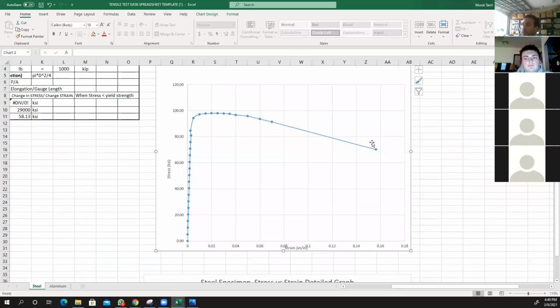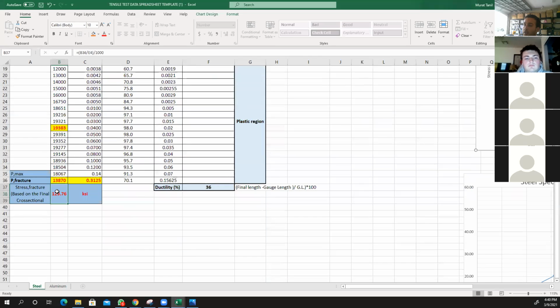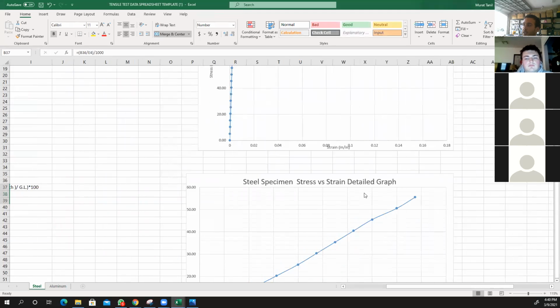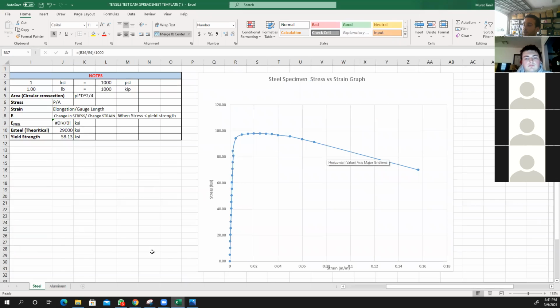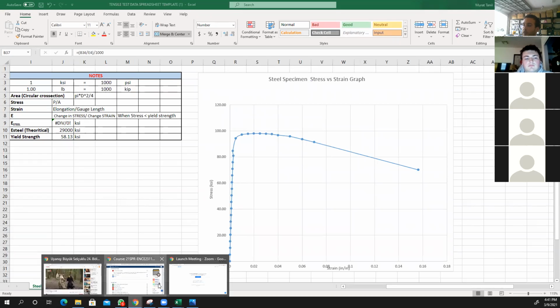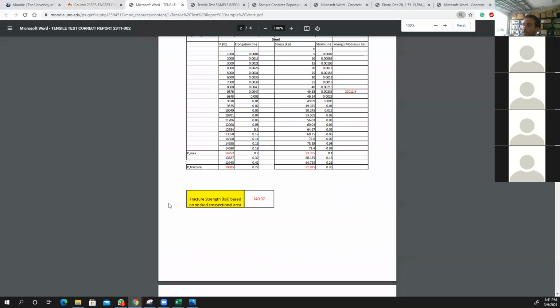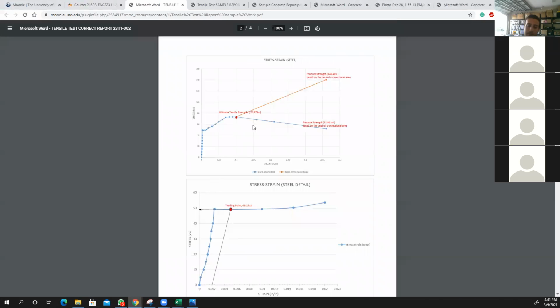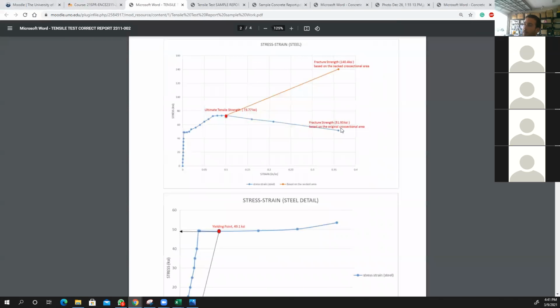So from this graph, I know which one is the fracture strength. I have to manually enter this value, 129.76 KSI. If you pull up the files, there was a sample file for sample reports, sample calculations. You see on this graph, I have the fracture strength based on the original cross-sectional area. That's already given.